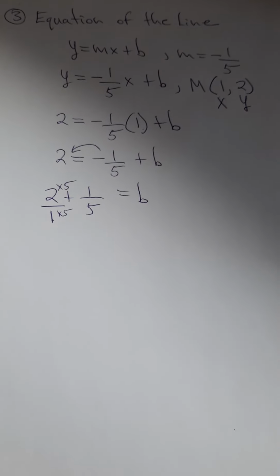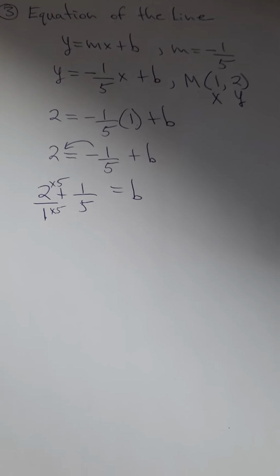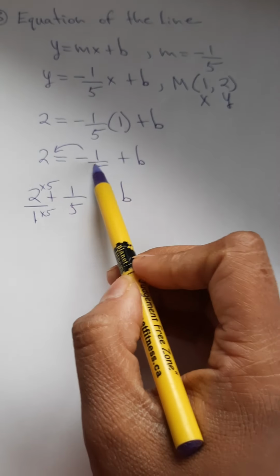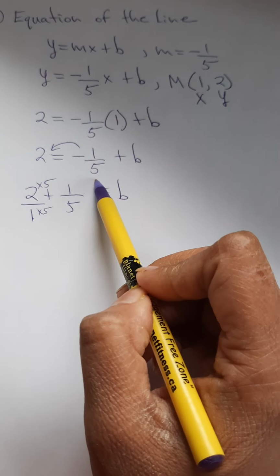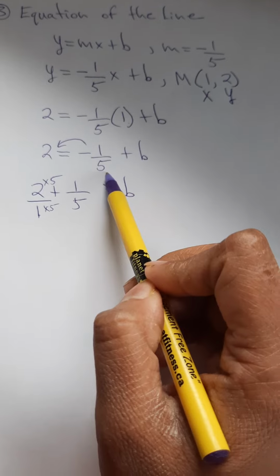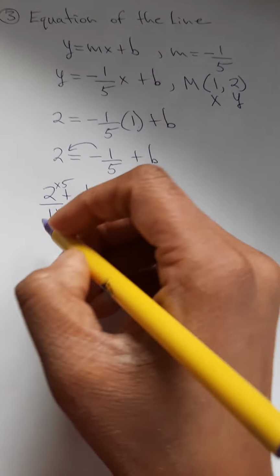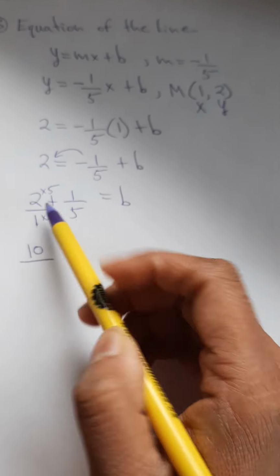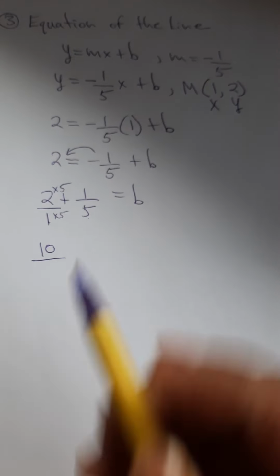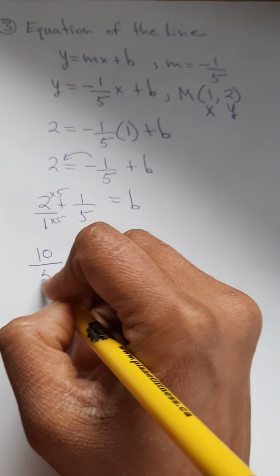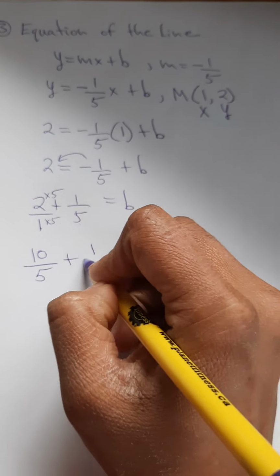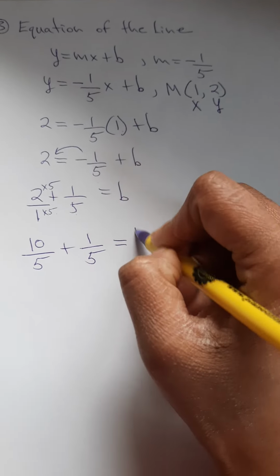Does everyone see that? So we're adding the fractions together. Make sure you don't forget to change the sign here, because it's negative 1 over 5, and going across the equal sign it becomes positive 1 over 5. So this is 5 times 2, so 10, and 1 times 5. 10 over 5 plus 1 over 5 is equal to b.